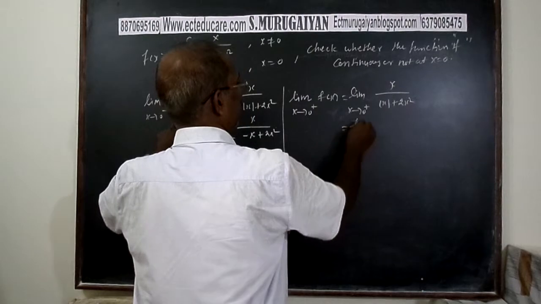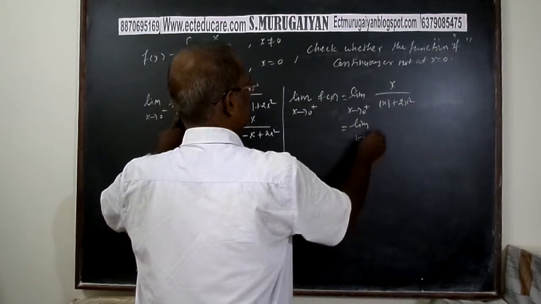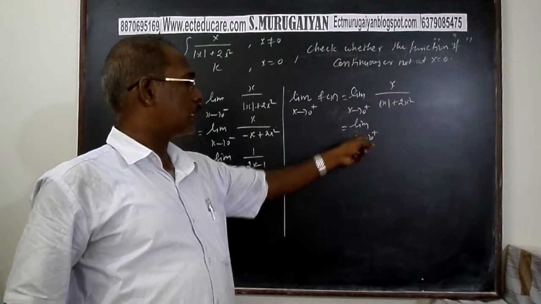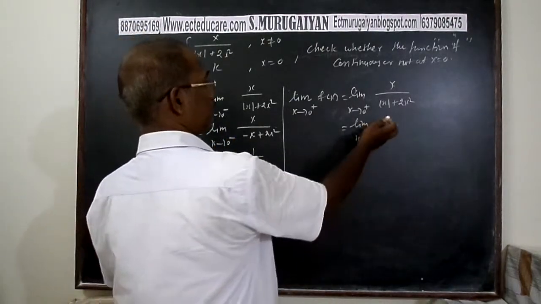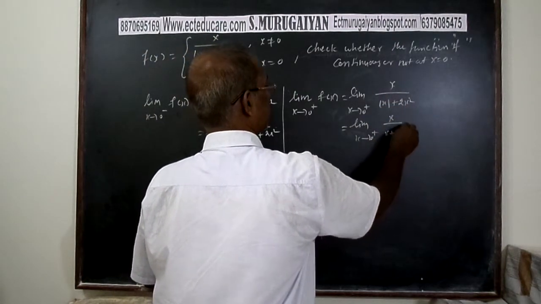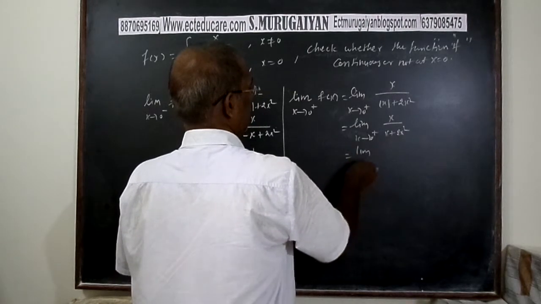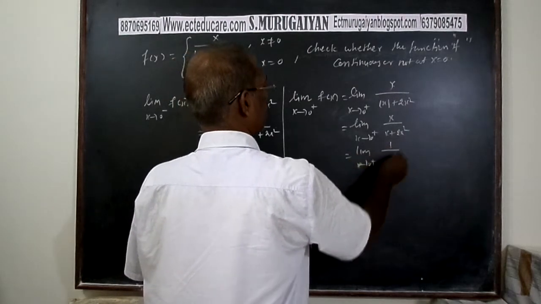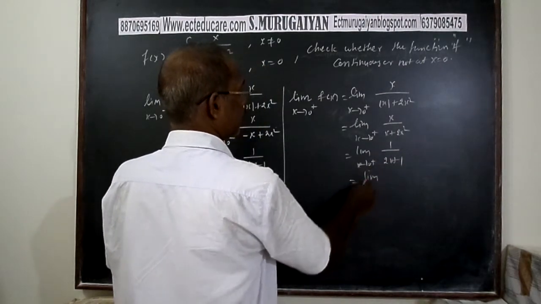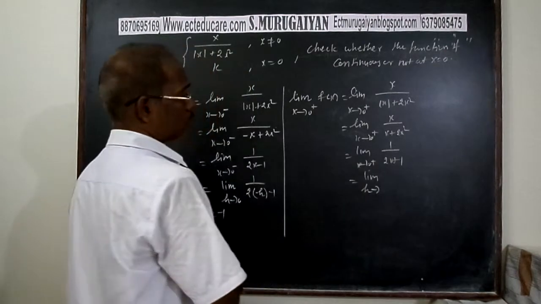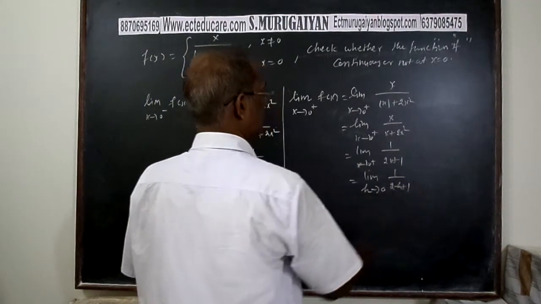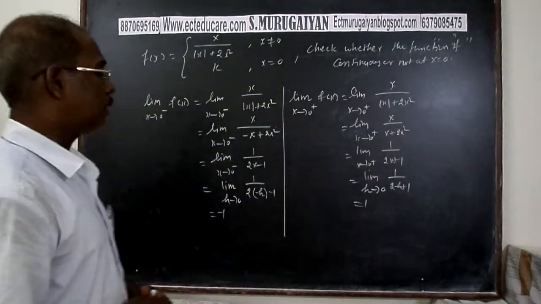Okay, x approaches 0 plus means x is greater than 0, so already x is positive and mod of x equals x. Then x upon (x plus 2x square), limit as x approaches 0 plus of 1 by (2x plus 1). As usual, introduce the smallest positive number h approaching 0, then 1 by (2h plus 1), applying the limit, the right hand limit is 1.